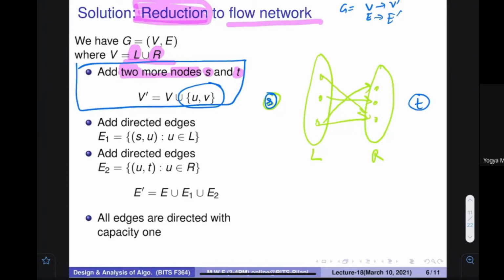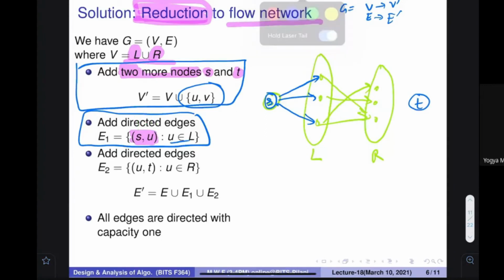What are those? I am adding directed edges coming from S and going to U, where U is inside L. For all the items there, I am going to add this edge, starting from S, going to U.